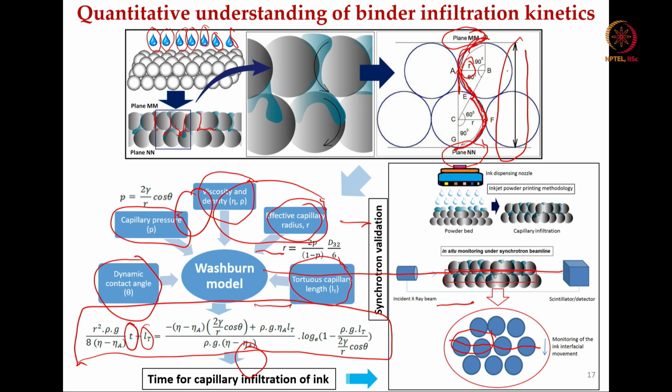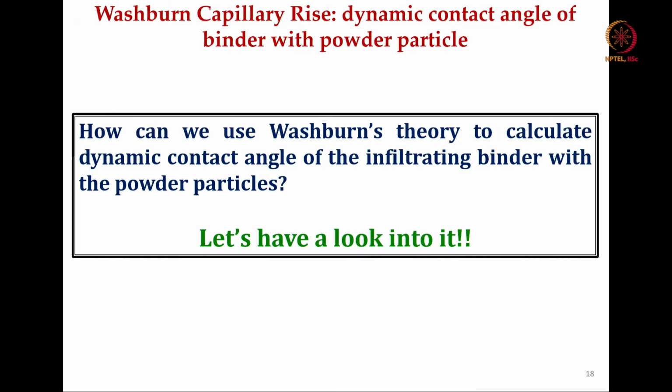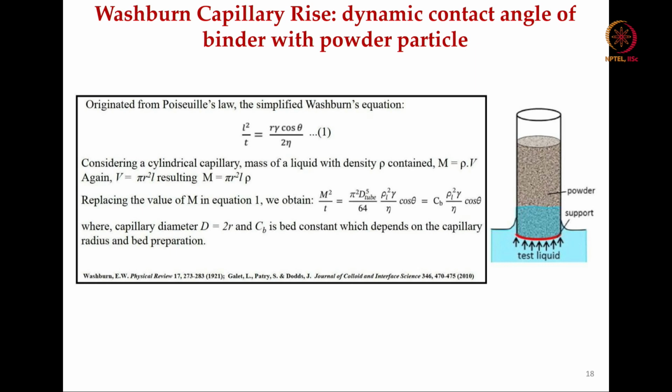We have also done synchrotron validation and in situ monitoring under the synchrotron beamline, and then we can find out the ink infiltration into the powder bed. So, what is the Washburn capillary rise model? That can be used for dynamic contact angle measurement. Originating from Poiseuille's law, the simplified Washburn equation is L square by t equals R gamma cos theta by 2 eta.